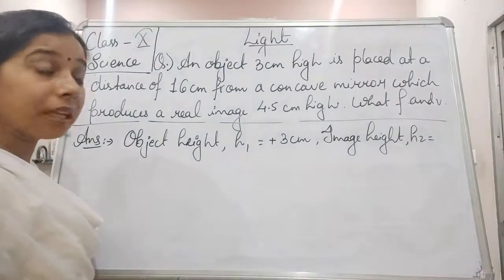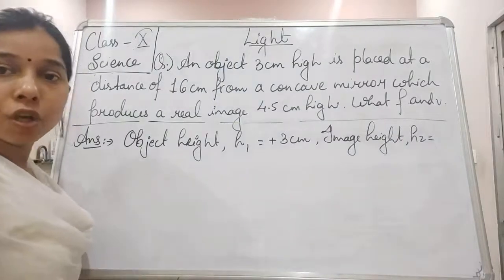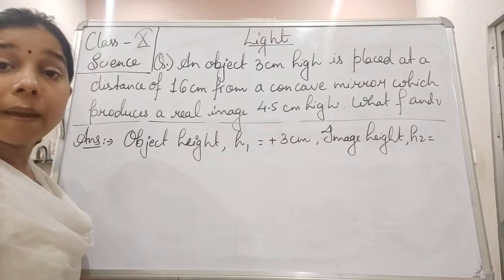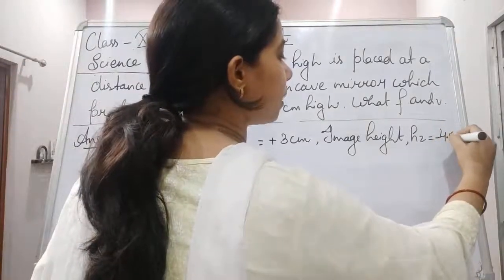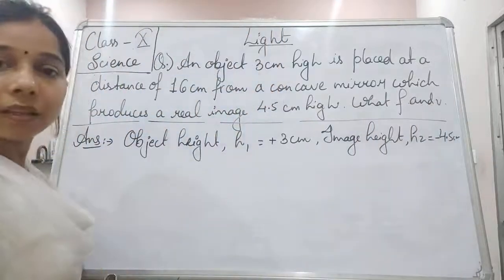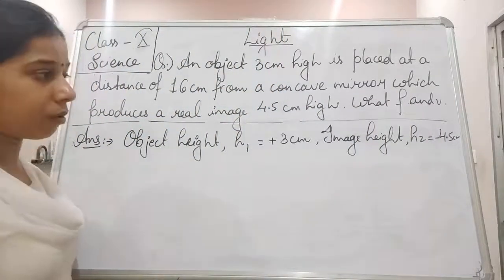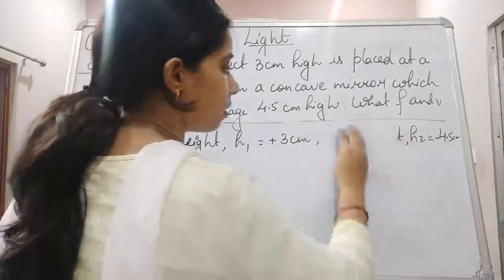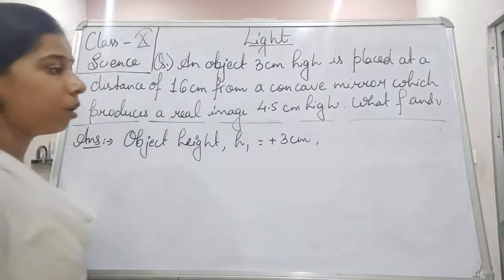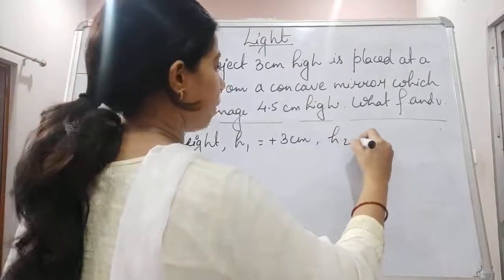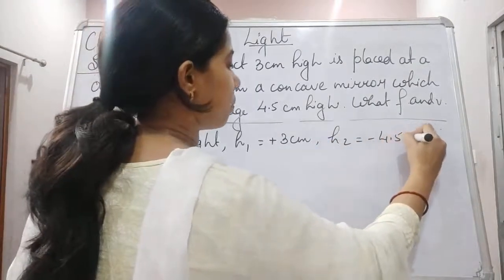You know that a real image is an inverted image, so it will be represented by minus. So it will be equal to minus 4.5 centimeter. Let me write it in a simpler form, only h2 instead of writing the whole thing. h2 will be equal to minus 4.5 centimeter.